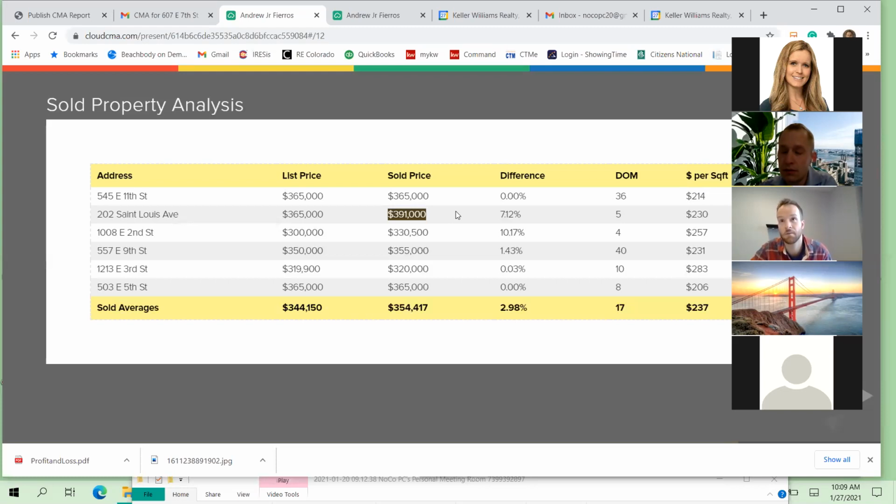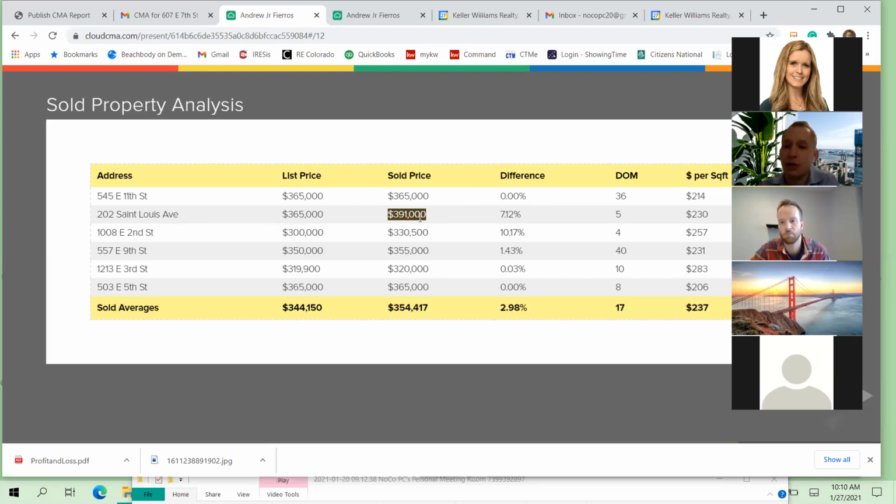I mean, I guess both, but the last thing I want to do is have it sit on the market. Okay. No, and I can appreciate that. And that's why I'm trying to say the market decided that this home was worth 391. Now, I don't know, and you're not going to know either, whether that home brought 391 because of that extra bathroom or because of some other nuance.